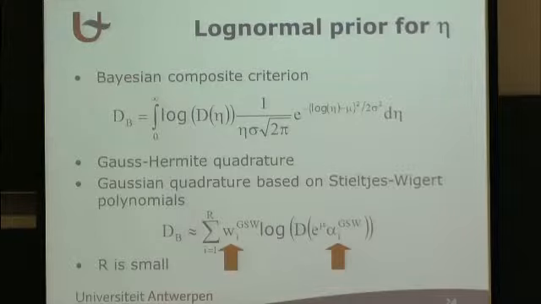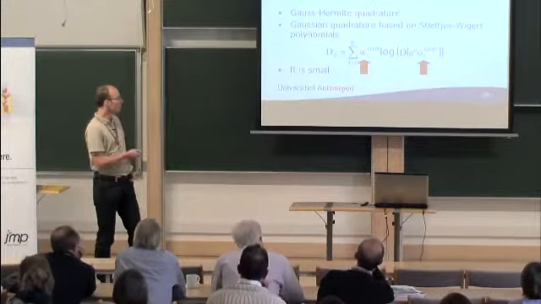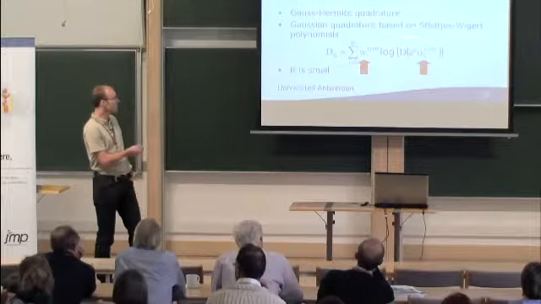Now, where do these weights come from? Where do these abscissas come from? Well, they come from a specific kind of orthogonal polynomial, and that specific kind of orthogonal polynomial is the Stieltjes-Wigert polynomial. That's where we get these abscissas and weights.